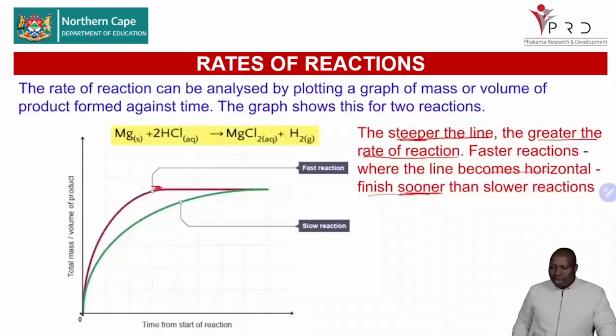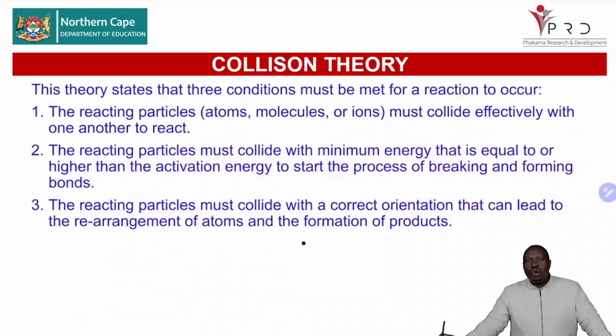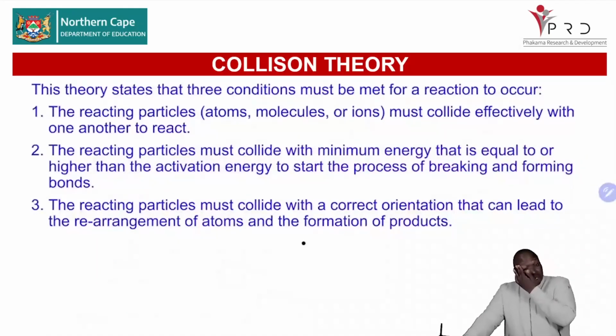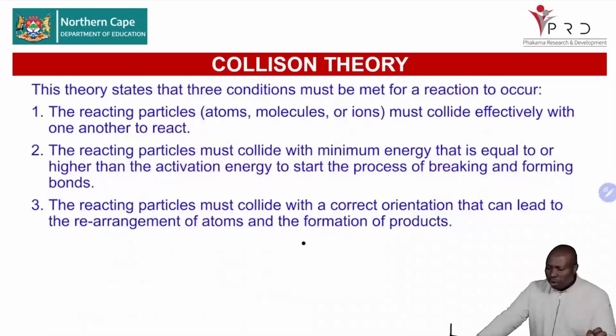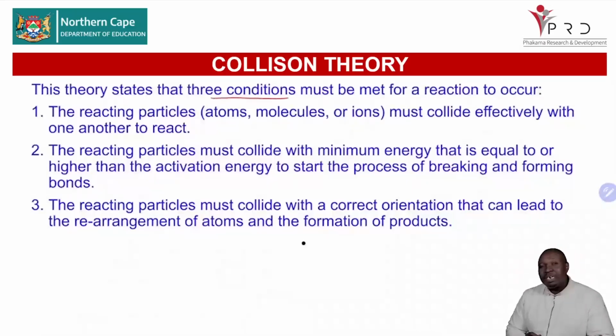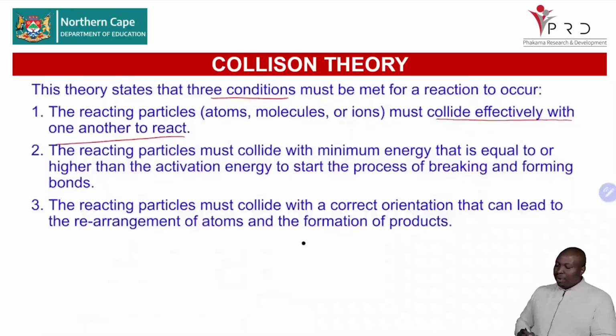Now, when it comes to collision theory, remember with collision theory, the collision theory says there are 3 conditions that must be met for a reaction to occur. We're saying the reactants must be able to collide effectively with one another, they must have enough kinetic energy, and they must have correct orientation.